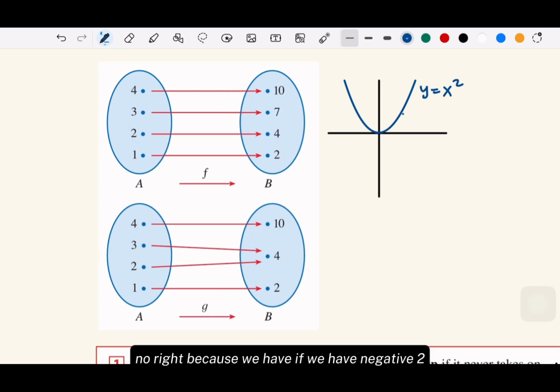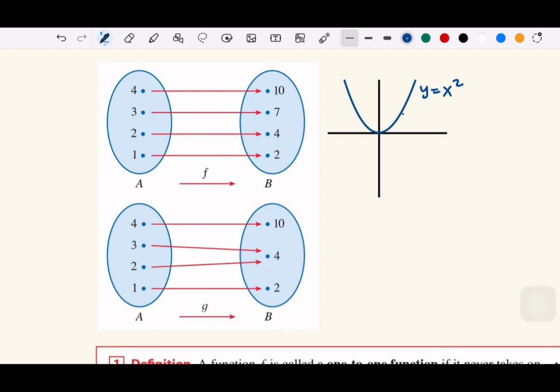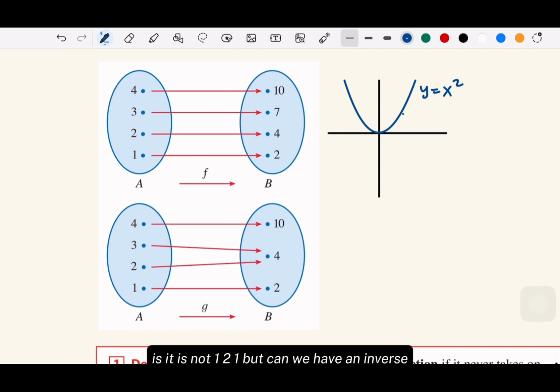No, right? Because if we have -2, we have 2, they both have 4, which means it's not a one-to-one function. But the next follow-up question is, does this function have an inverse? Can we have an inverse from this? You said it's not one-to-one, but can we have an inverse?